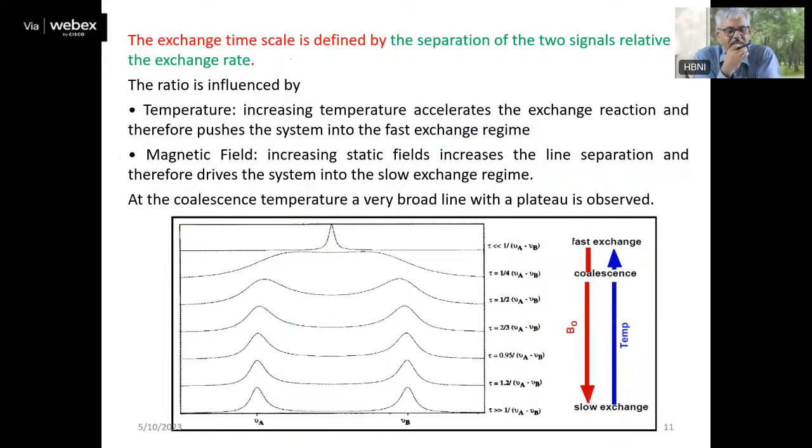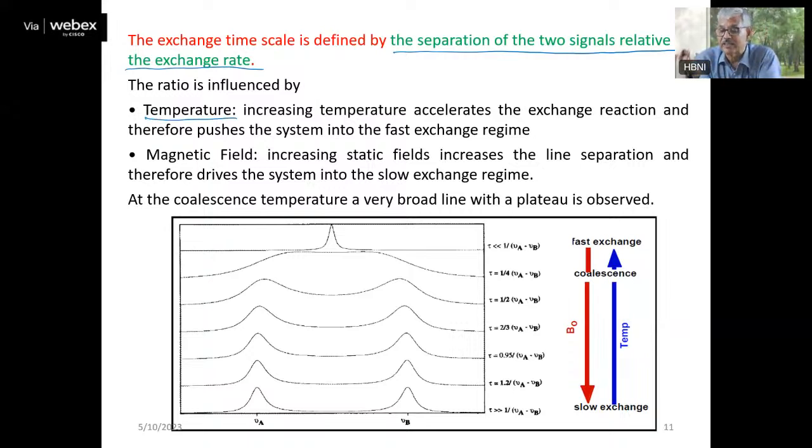Now let us see the exchange time scale. I have shown this in a different way. The exchange time scale is defined by the separation of the two signals relative to the exchange rate. Same thing I told in the previous slide. So this ratio is influenced by, first, the temperature. If you change the temperature, what will happen?